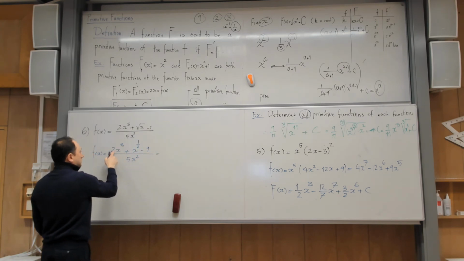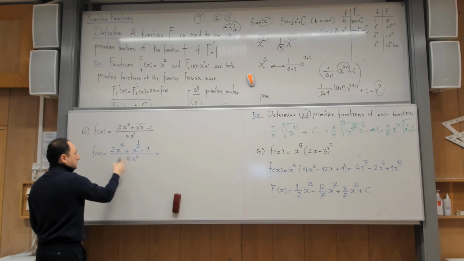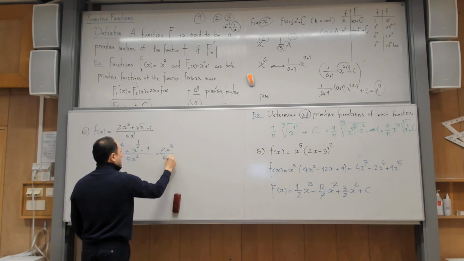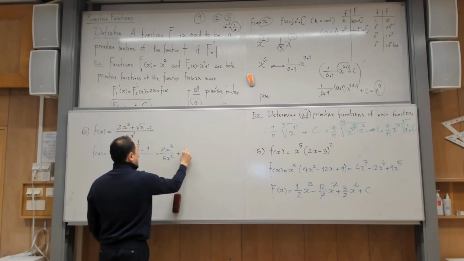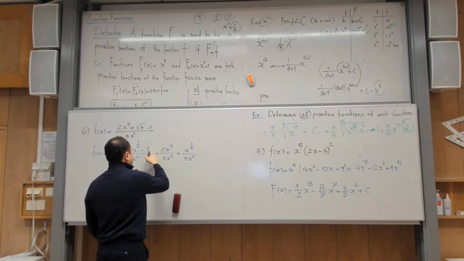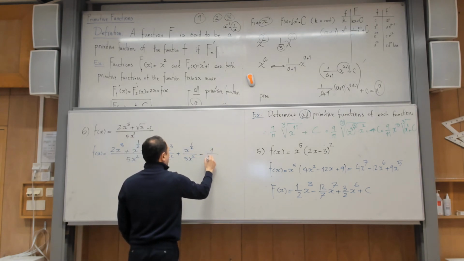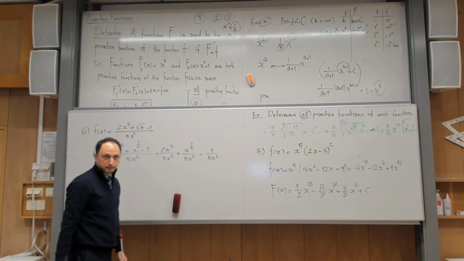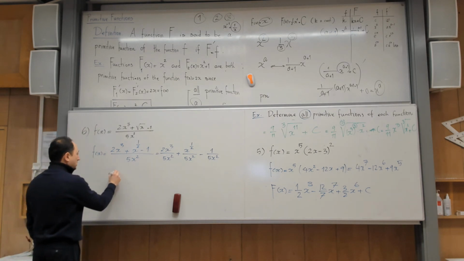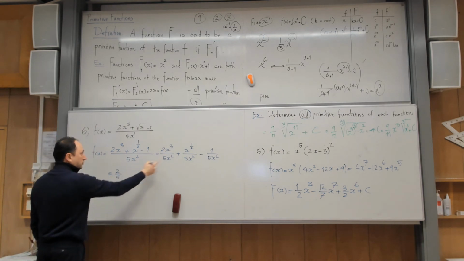And then I need to divide them one by one, so this becomes 2x to the power of 3 divided by 5x squared, and the other one is x to the power of 1/2 divided by 5x squared, and then I have minus 1 divided by 5x squared. But then this is simple, because this becomes 2/5 of x.